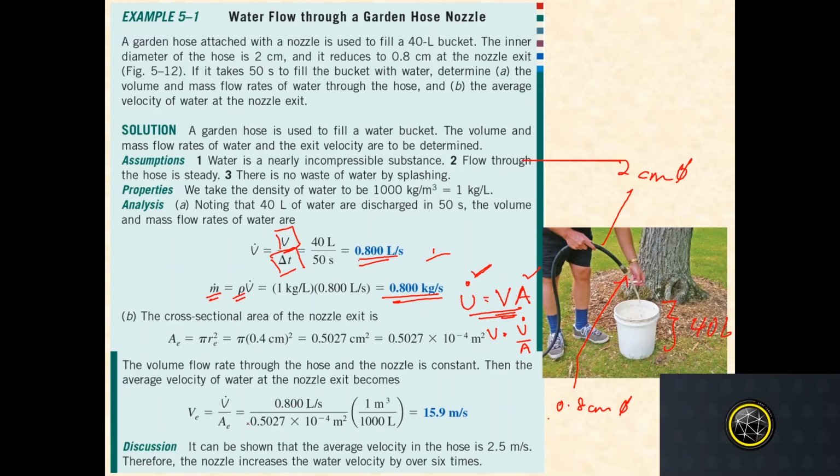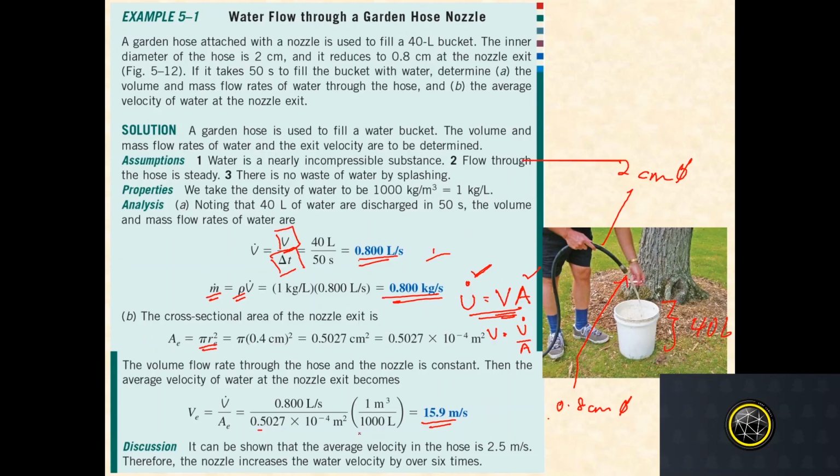The area at the exit is, as mentioned, πr², which is 0.5027 times 10 to the minus 4 meters squared. And it gives you the velocity of the liquid at the exit as 15.9 meters per second.